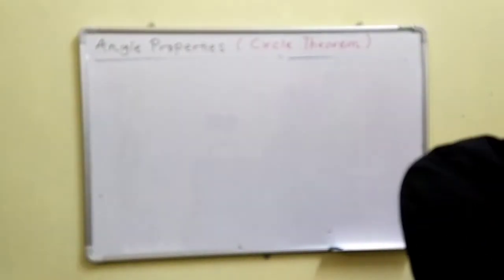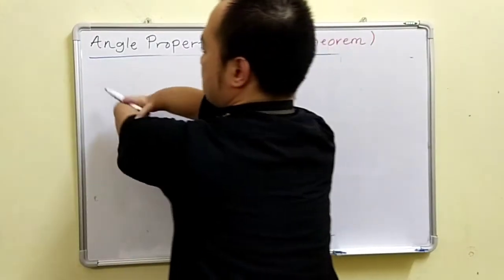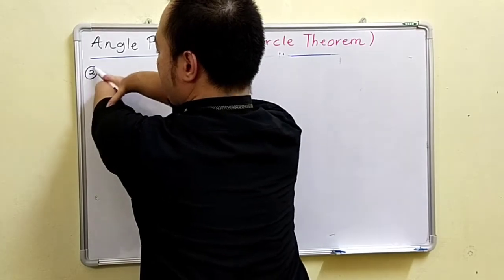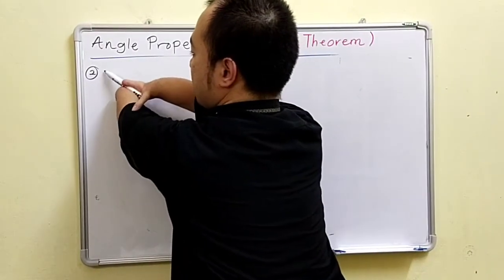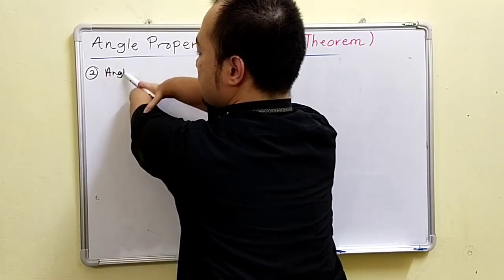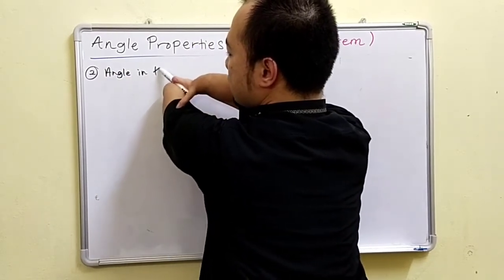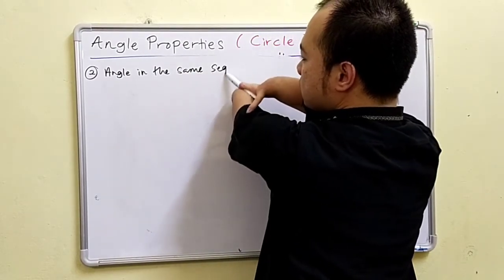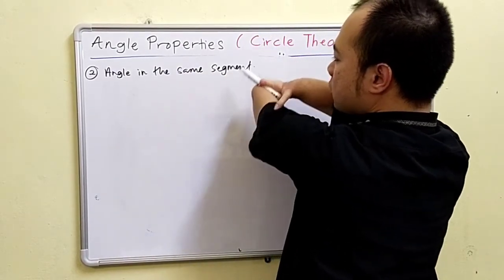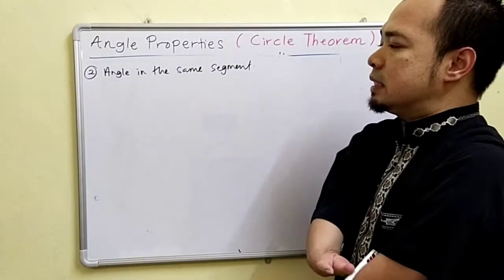Circle number 2. Property number 2, we call the angle in the same segment. What does it mean by that? Angle in the same segment.